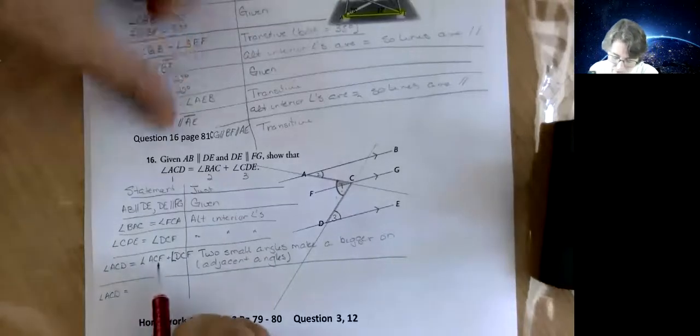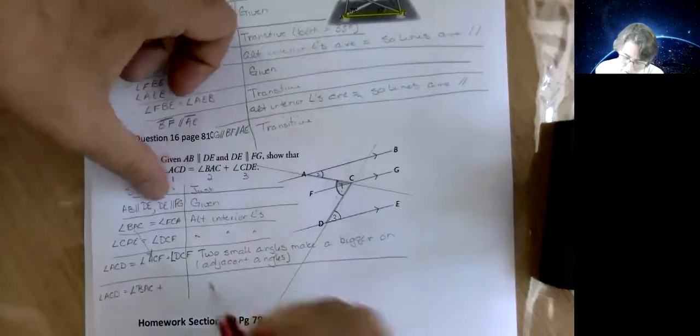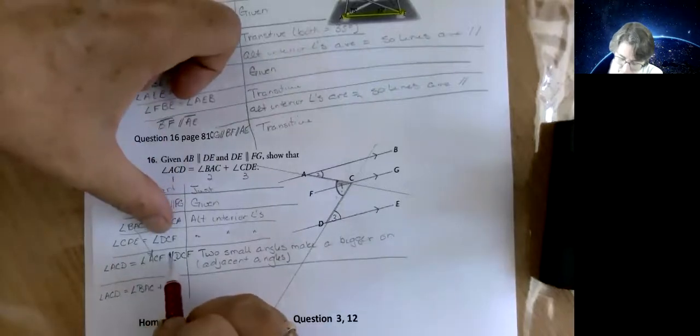So angle ACD, now angle FCA, ACF and FCA are the same thing. So what we're going to do is substitute that one, which is the angle we want, and we're going to substitute for this one.